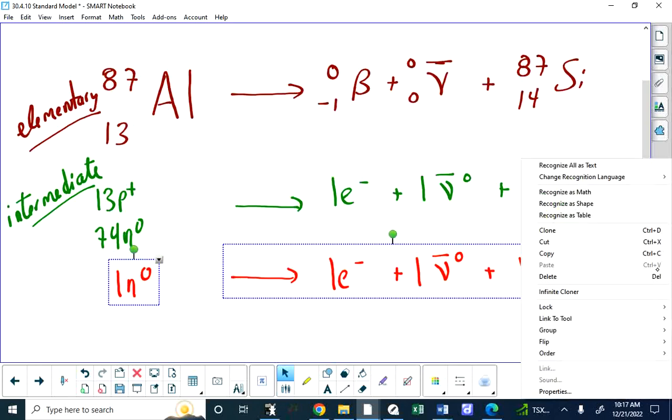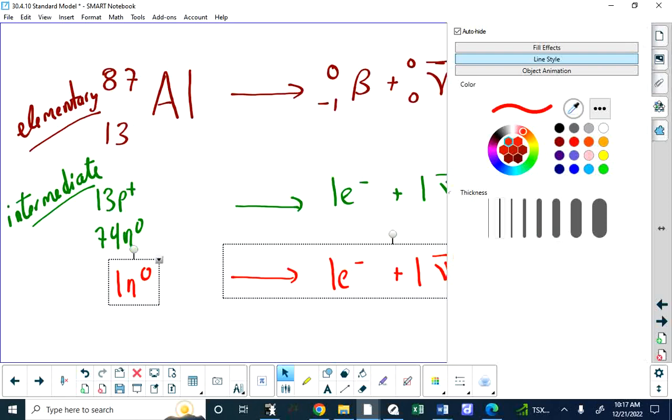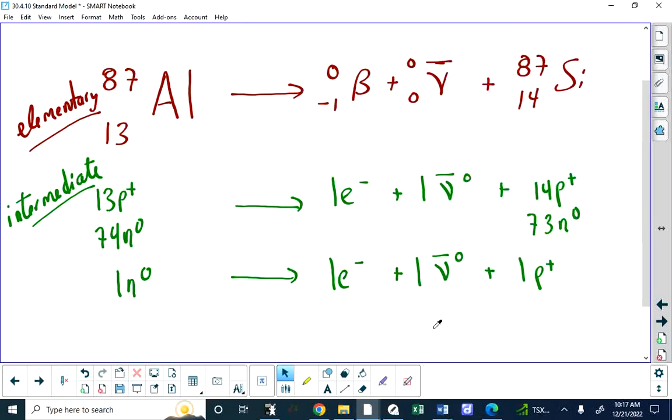I'm going to actually change this to green. This whole thing is the intermediate explanation, right? But it culminates in that bottom line. But that's not very satisfying, or it's not as satisfying as it could be. It's no real explanation as to what happens to produce the electron.